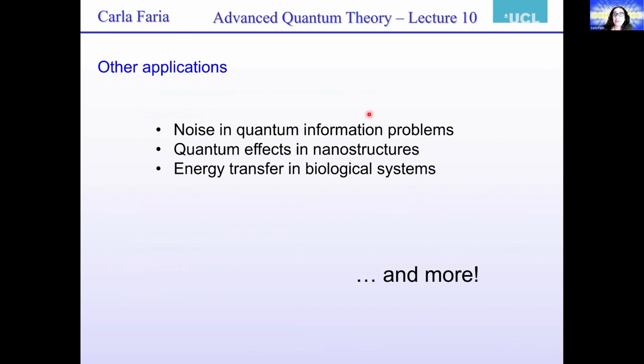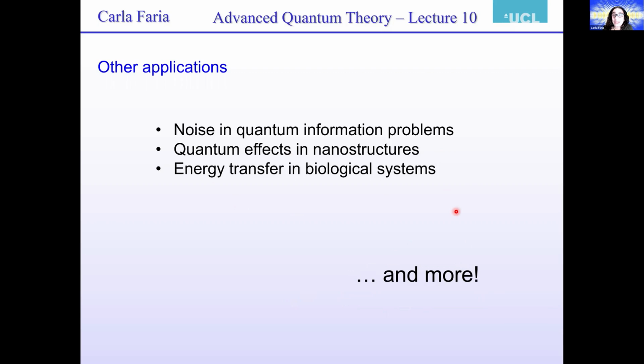For instance, people dealing with quantum information sometimes need to study noise, and this kind of formalism is very useful for that. If you're dealing with nanostructures as well, you're going to have a lot of noise and multi-electron effects that you need to take into consideration somehow. And also if you have energy transfer in big molecules like biomolecules, this is very useful to assess the role of the environment. And many, many more systems.